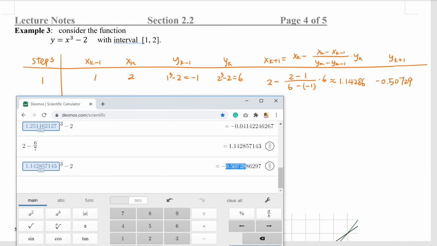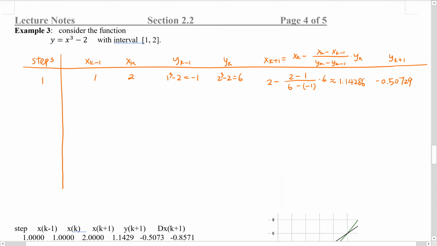Next step, we're going to shift, because my xk minus 1 is going to be 2, and my xk is going to be 1.14286, while my yk minus 1 shifts, it's going to be 6. So yk becomes this new point, minus 0.50729. So far, so good?